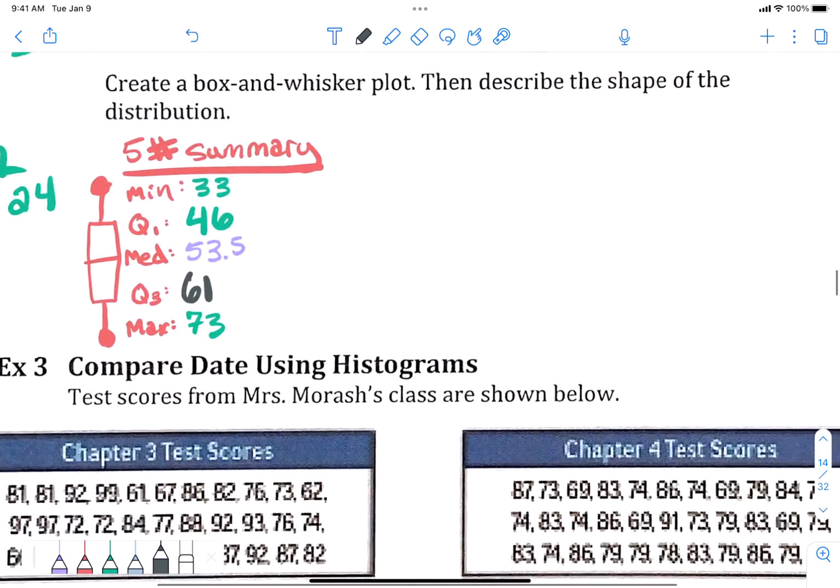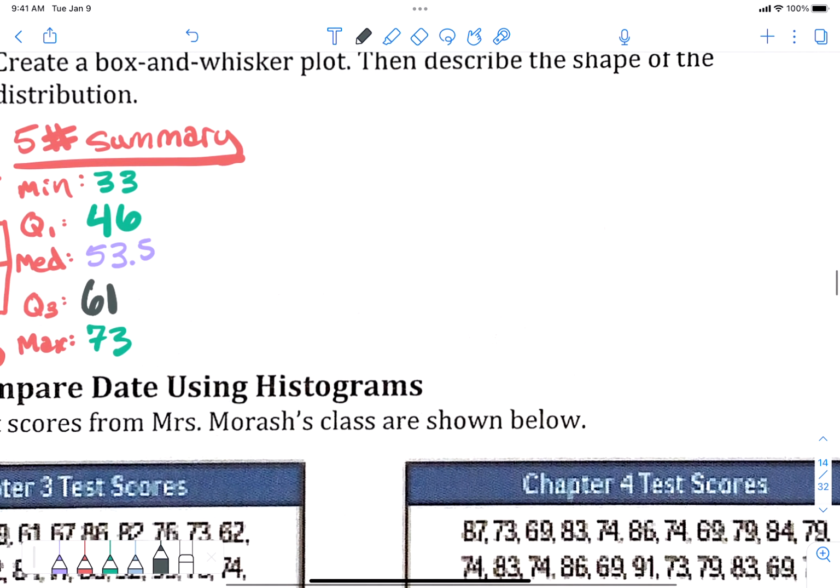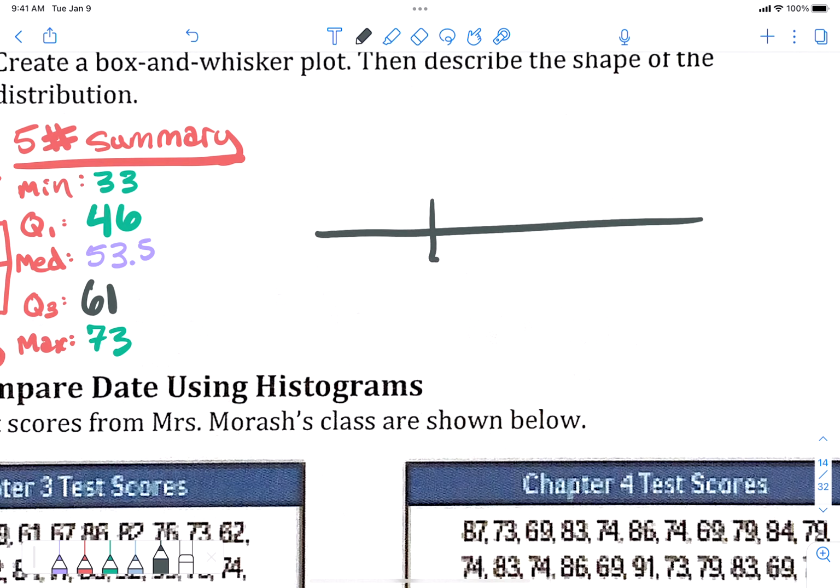Now, here is what I want to make sure that you do when you're graphing these numbers. I've had people before, and I remember saying this to you in chapter 0. Don't draw this. Just watch.